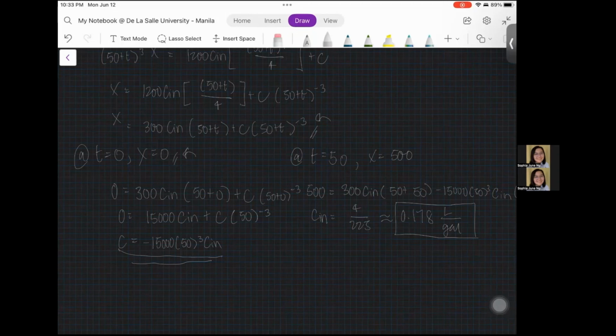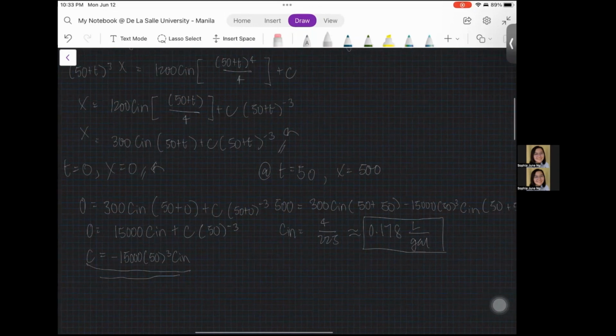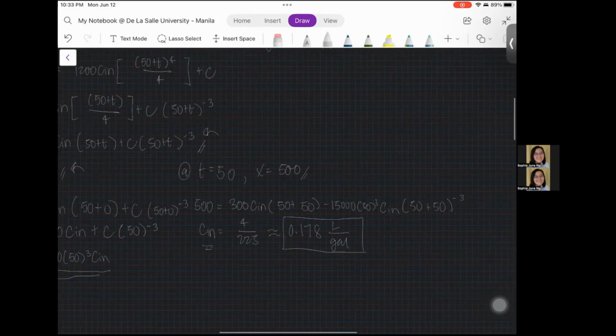After that, our second point is that at 50 minutes, our amount of salt is 500. You can get this from extrapolating the time a while ago, since it did mention that at 30 minutes, your water is 80% full. So after figuring out this point, you'll be able to get the concentration in after some simplification, which means that your final answer is 0.178 liters per gallon.